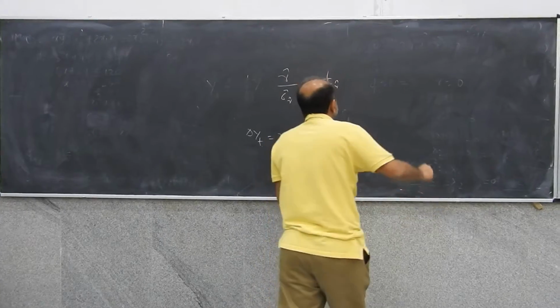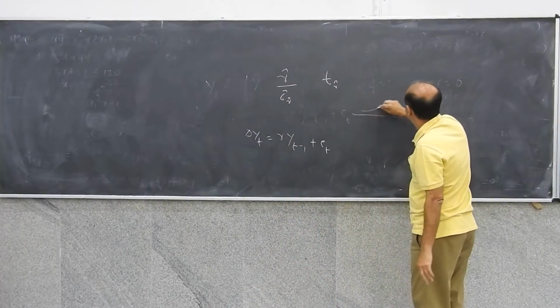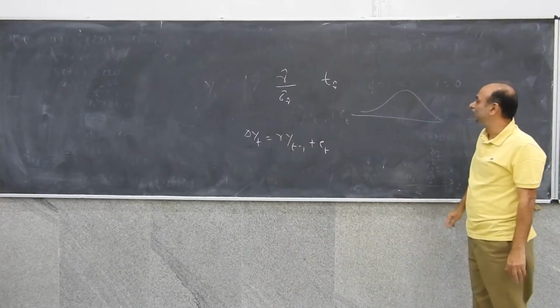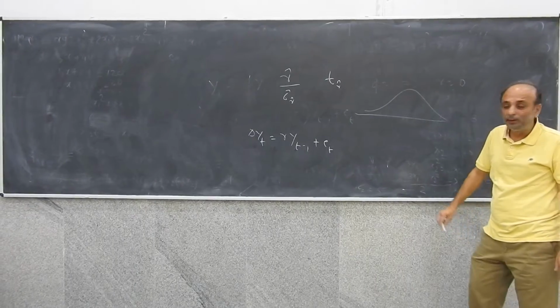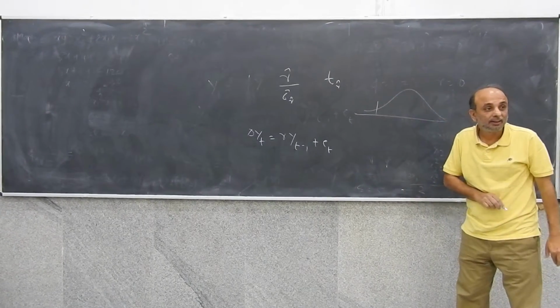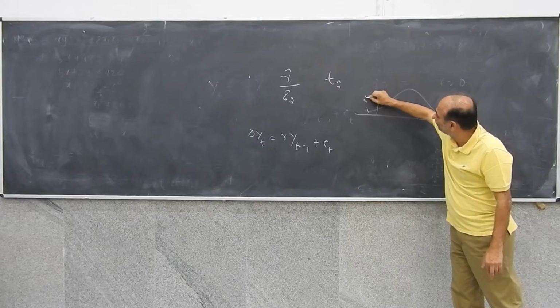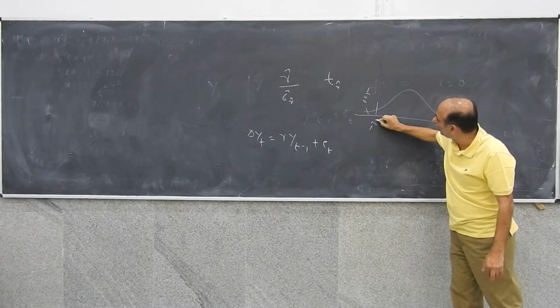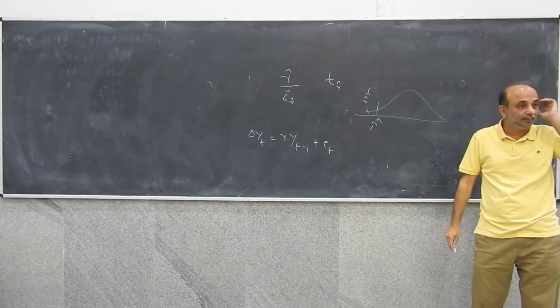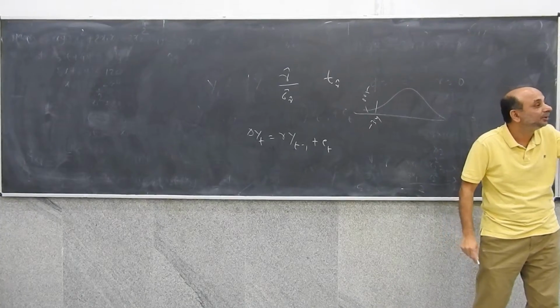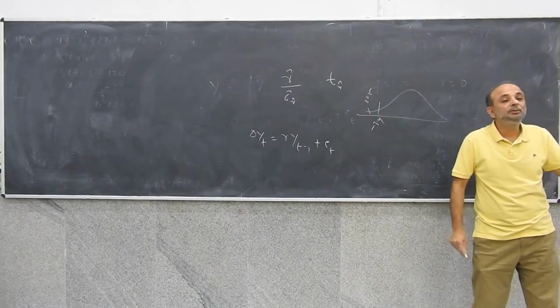Suppose that distribution looks like this. Because you have a one-tailed test, suppose the area to the left of minus 3.4, for example, contains 5% of this distribution. What does it mean?